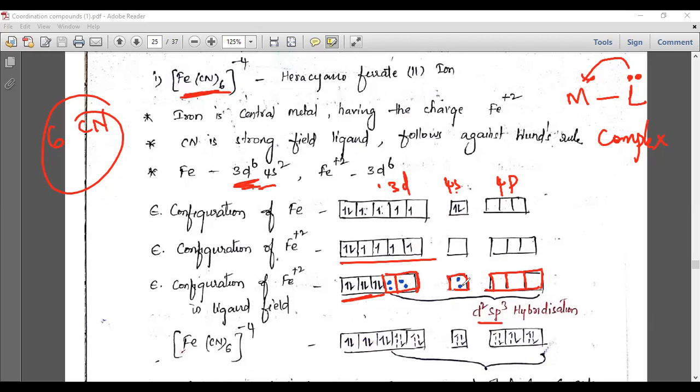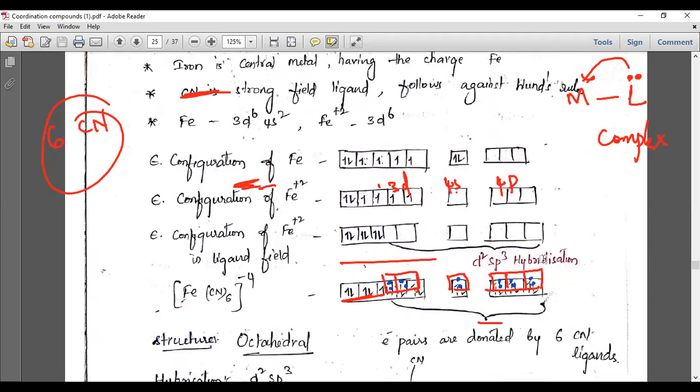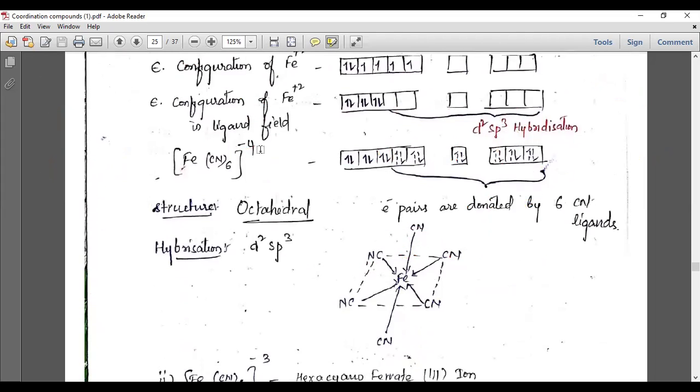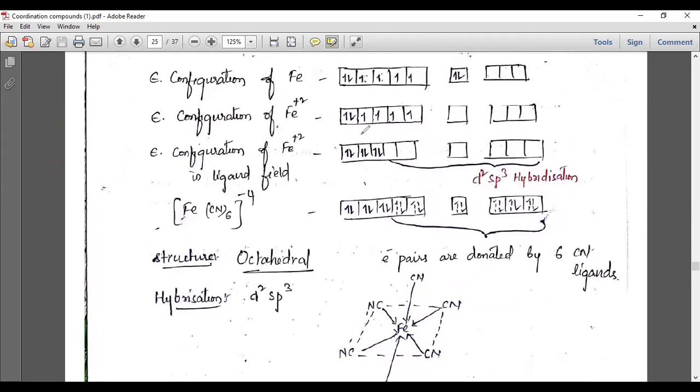It will donate its 2 electrons like this, and in this way the complex forms. Then finally we will get d2sp3 hybridization.